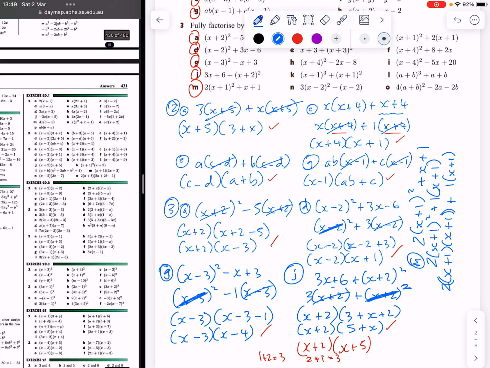How does that change things? It doesn't change anything. Yeah, the order of multiplication doesn't matter. So you got 2x plus 1. X plus 1 doesn't change anything. 1, x plus 1.